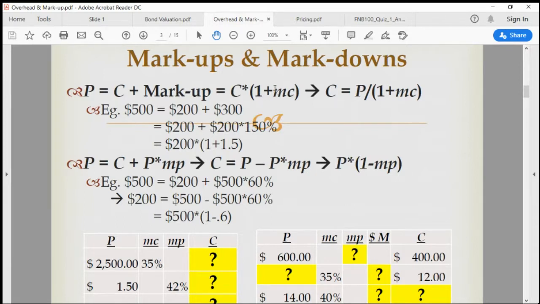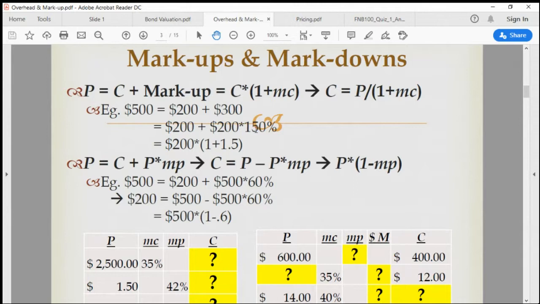I've been telling you, lowercase is a convention. It's not just randomly done in finance and economics. Rates are generally expressed in lowercase, right? So markup rate, lowercase m. What is that C? C stands for cost. So that means markup rate based on cost.